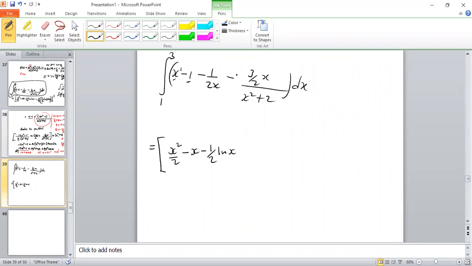Then you come here. Now, to integrate this, we know it will be minus here. Let's integrate 3 over 2x over x squared plus 2 dx.